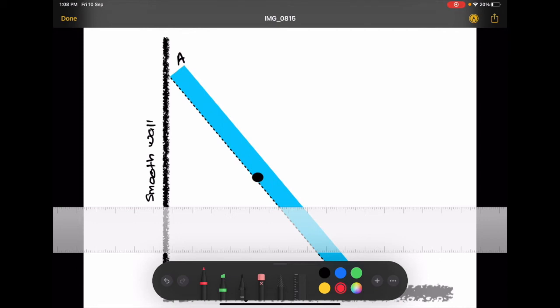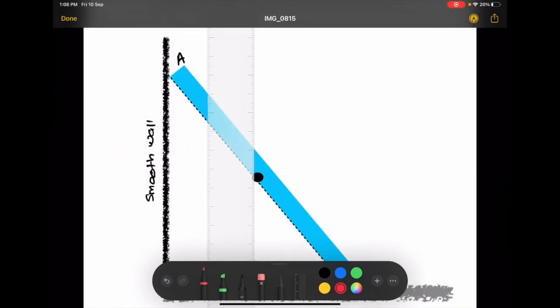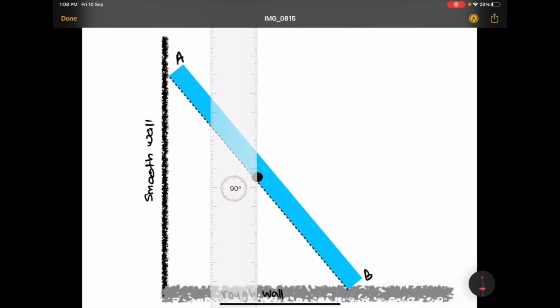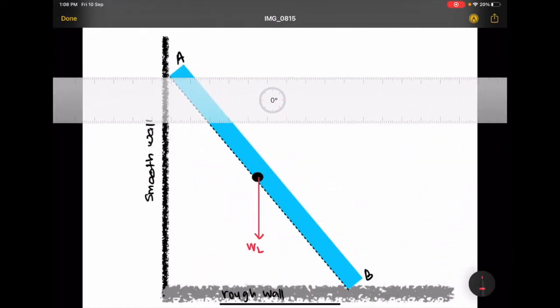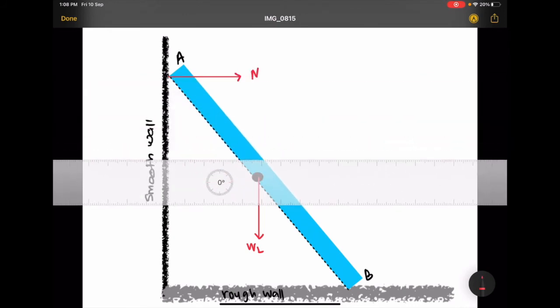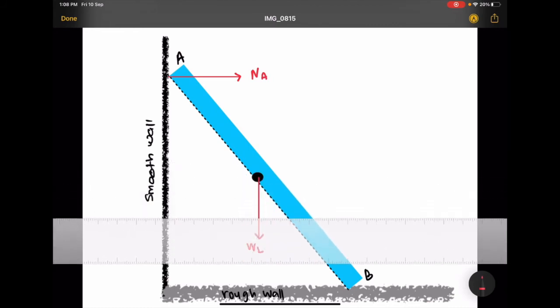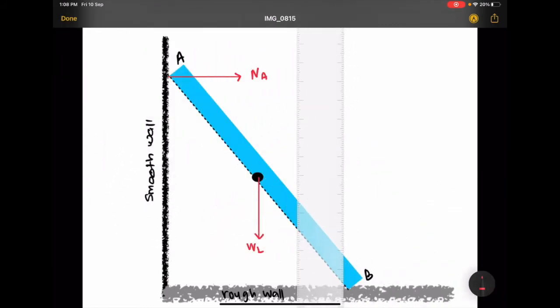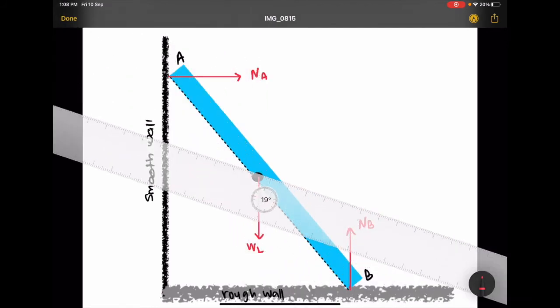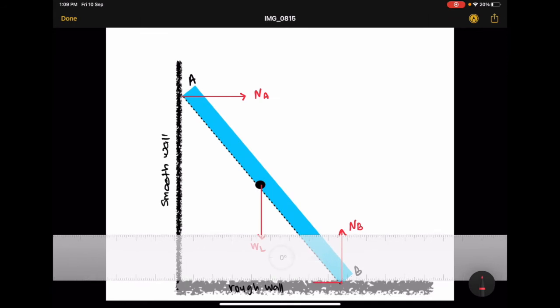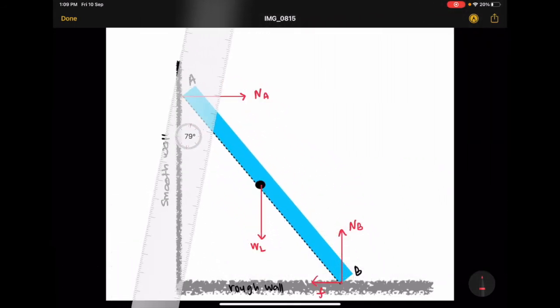First of all, we draw our basic forces acting on the ladder, which is we have here our CG, center of gravity, which is WL, and then we have normal force for A, and then we have here normal force for B. Exactly same as the first one. The friction also, friction.